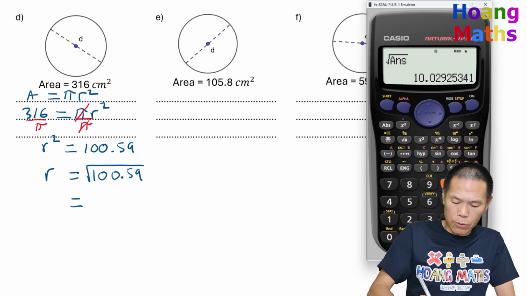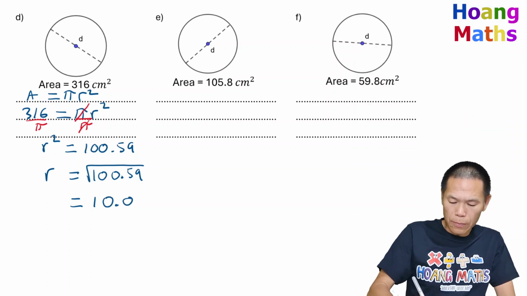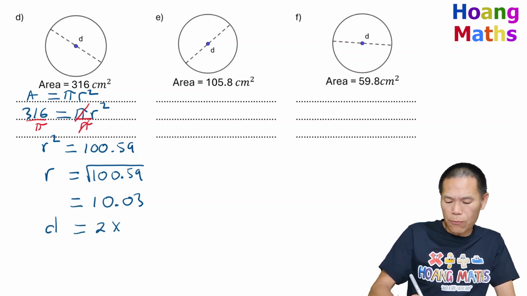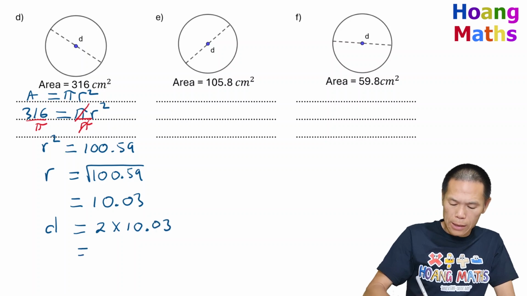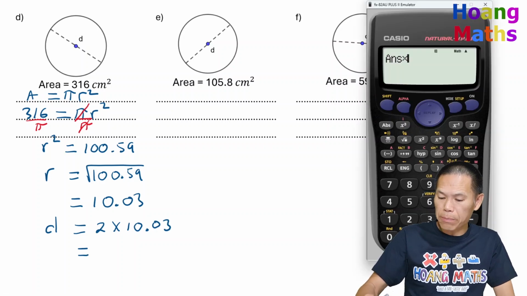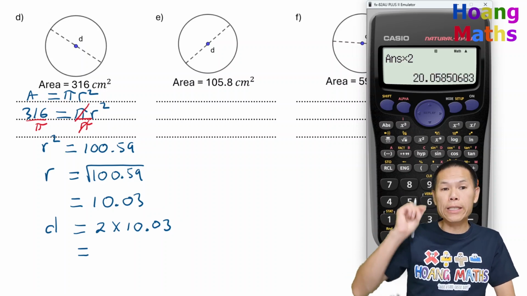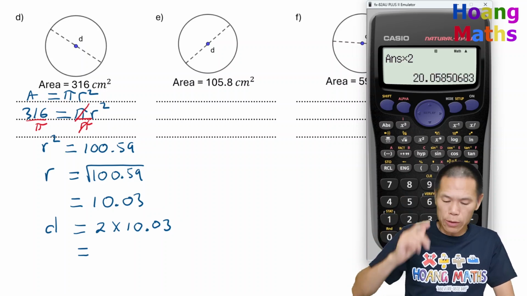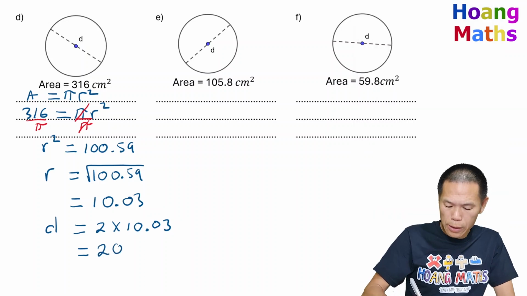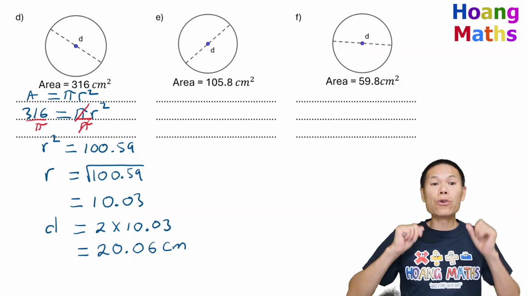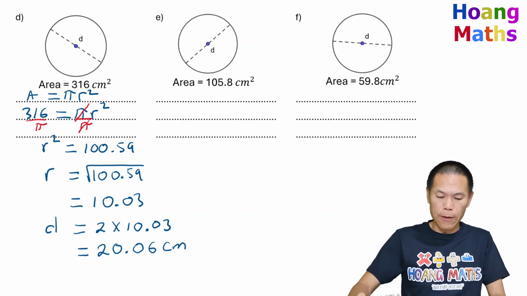So 10.03. So therefore, the diameter is 2 times the radius. 10.03 is equal to answer times 2. So 20.06, correct to 2 decimal places. 20.06 centimeters. So there you go. I hope you got it correct.